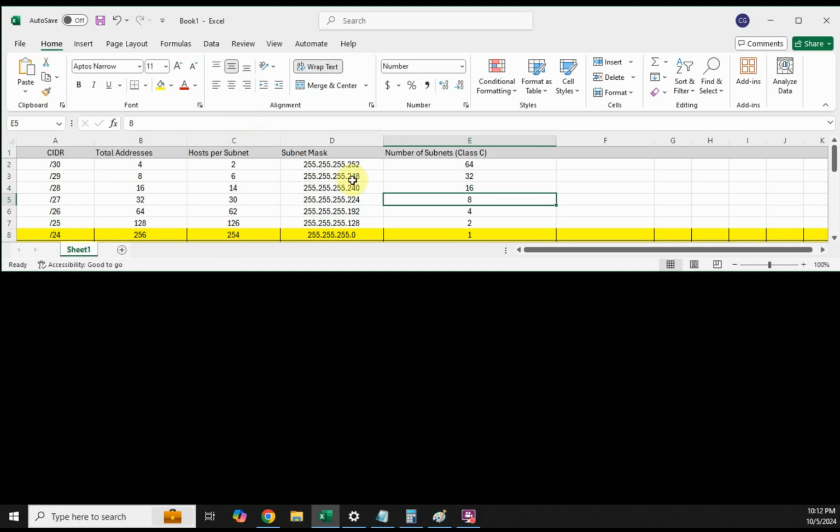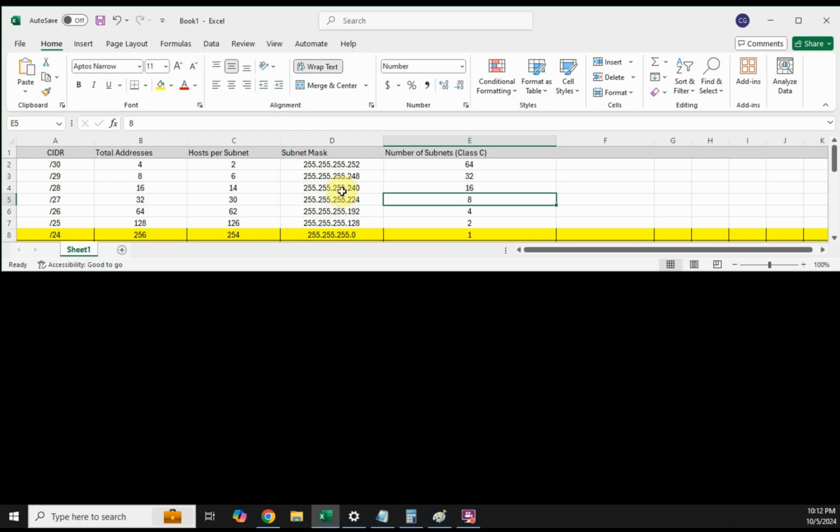And of course, you do want to know what the subnet mask is, but once again, it's a power of 2 if you look at it. All you've got to do really is take 256 and cut it in half, you get 128. Cut it in half again, and add on to that. So 64 added to 128 gives you 192. Cut 64 in half, go up again. That's 32 added to 192 is 224.